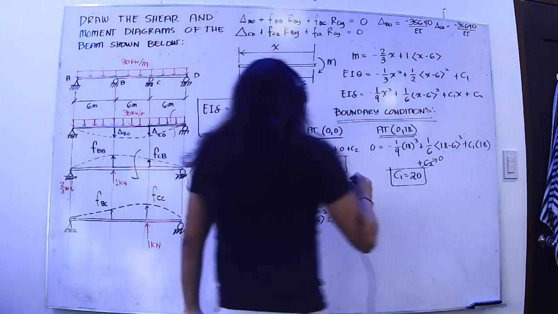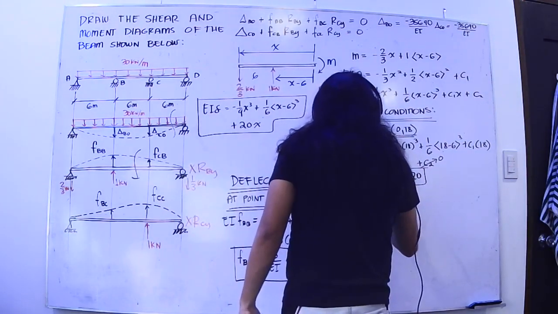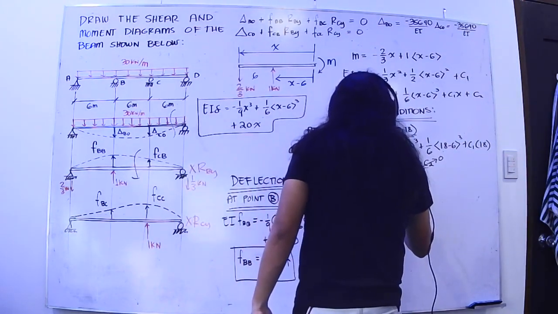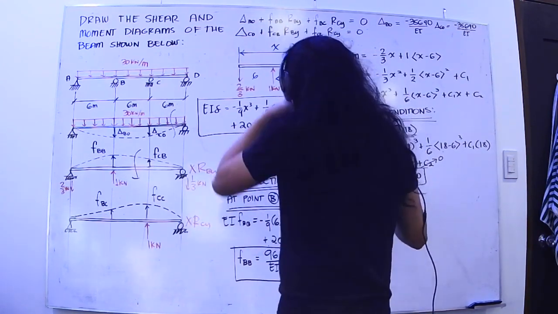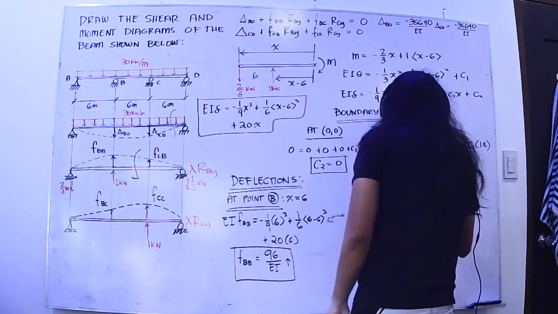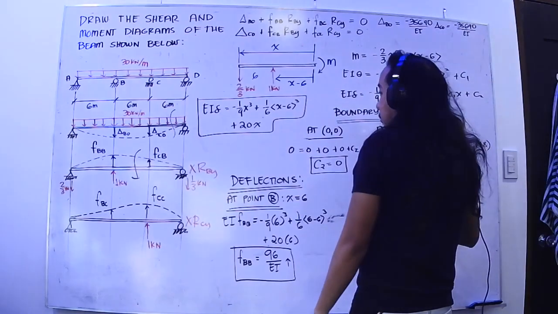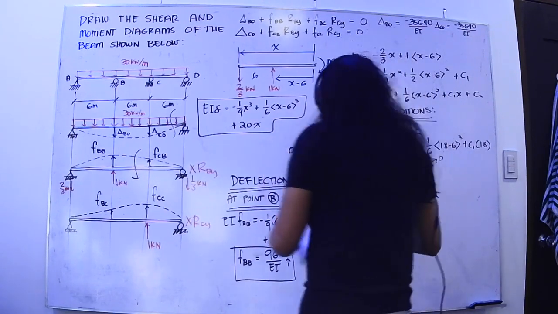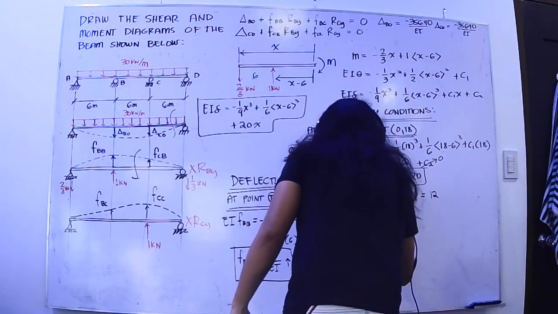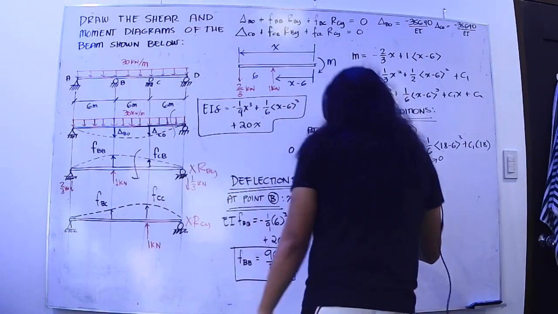Now, for point C, x is equal to 12. Right? So, I will plug it into the expression.